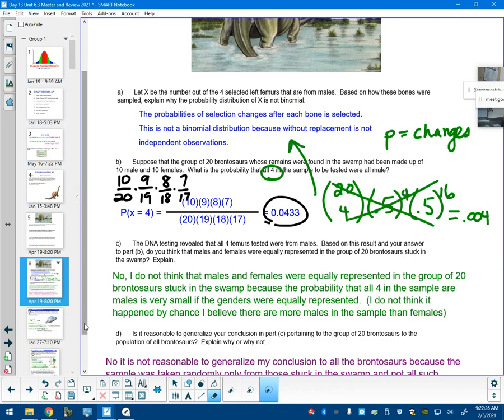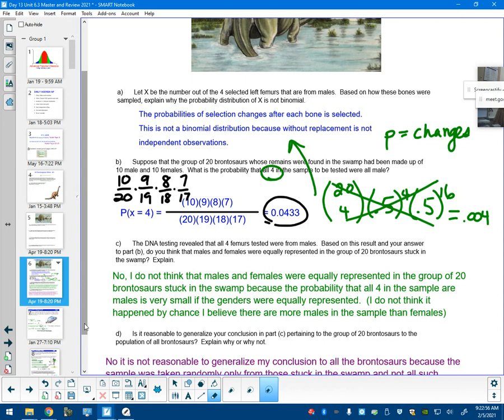Instead, you're just simply saying, well, the first Brontosaurus bone being male would be a 10 out of 20 chance, and the second one would be a 9 out of 19, and then an 8 out of 18, and a 7 out of 17. And when you multiply that all out, you get 0.04% chance that if there really are 10 male and 10 female brontosauri in the swamp fossils, the chance of getting all 4 males is only a 4% chance.